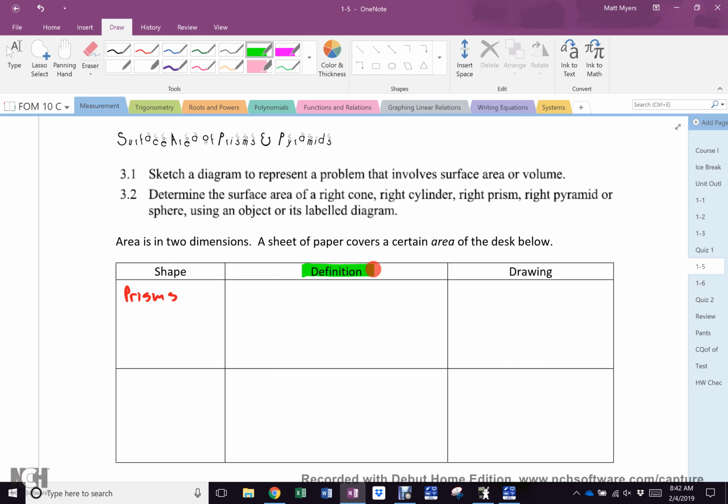But this is not. This is also a prism because the top and the bottom are exactly the same, right? It's a rectangle. And they are separated by what? The sides. And the sides are all what shape? A rectangle.